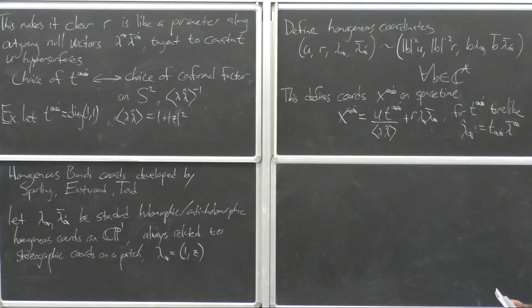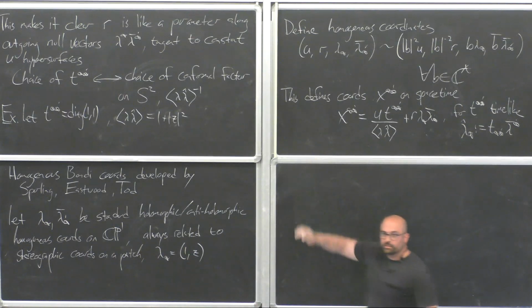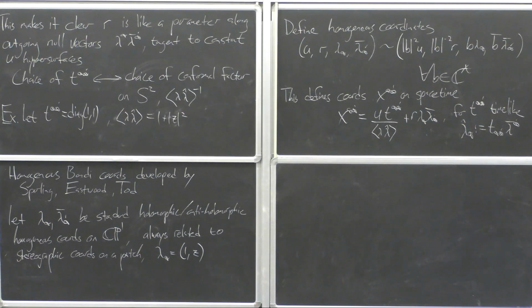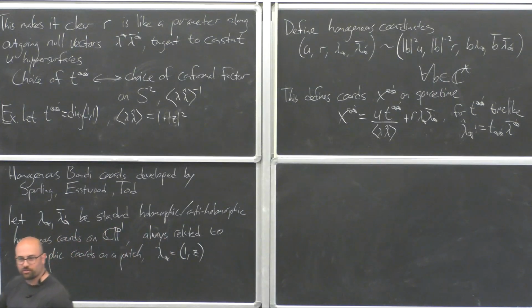Okay. So usually in the Bondi-Sachs formalism, the data of your asymptotically flat spacetime comes with 2 numbers that label it. We usually call them spin and conformal weight.